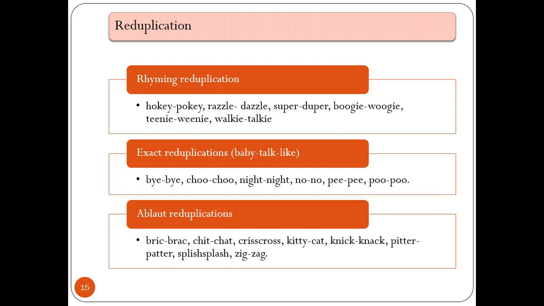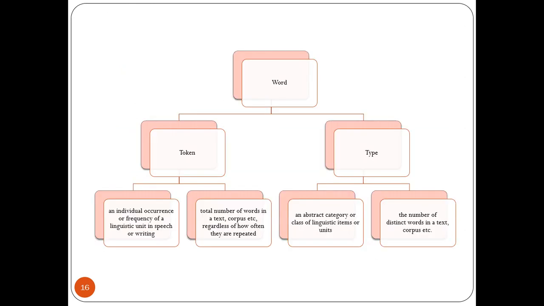So this is brick brack, chit chat, crisscross, kitty cat, knick knack, pitter patter, splish splash, and zigzag, kind of a very good exercise for slip of the tongue. So this is basically reduplication.